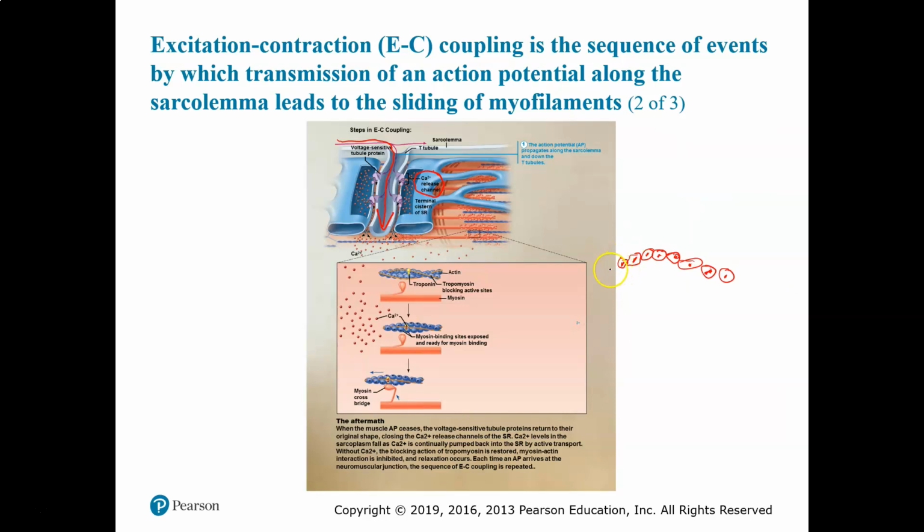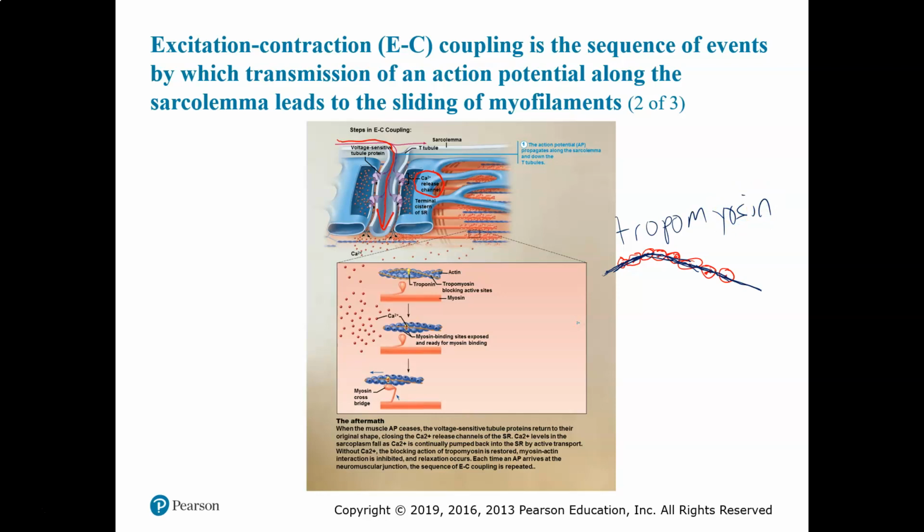So there is a molecule that I'm going to draw now called tropomyosin, which is basically covering up these active sites. So if myosin can't bind, then you can't have a muscle contraction.